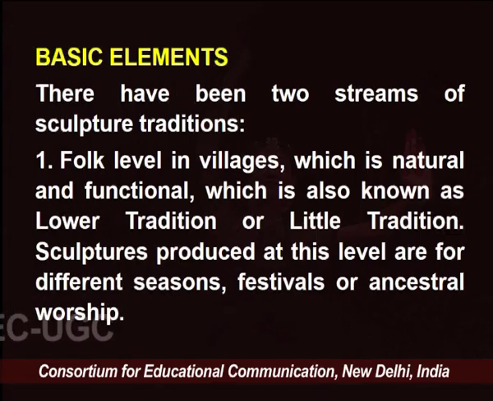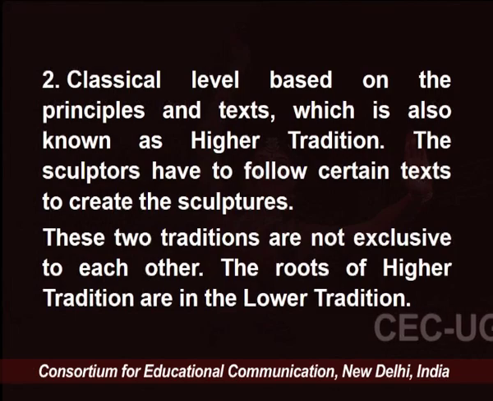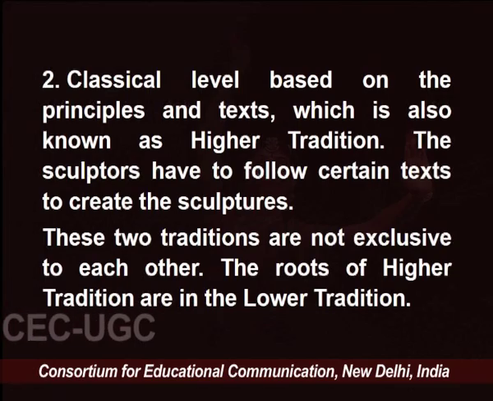Sculptures produced at this level are for different seasons, festivals or ancestral worship. And the second is at the classical level, based on principles and texts, also known as the higher tradition. The sculptures have to follow certain texts to create sculptures.